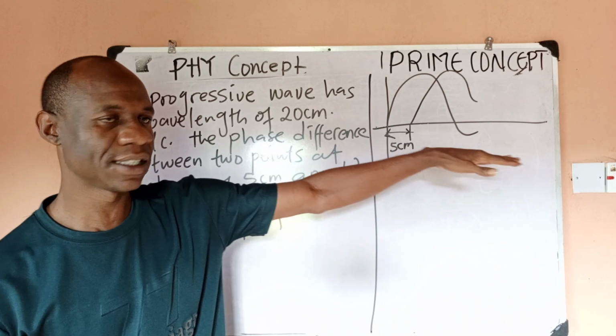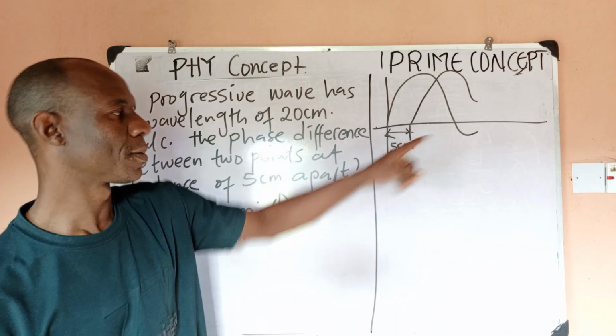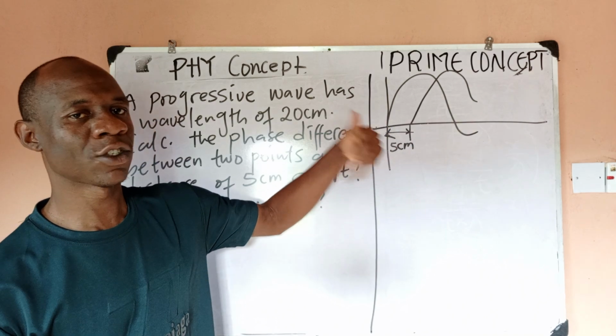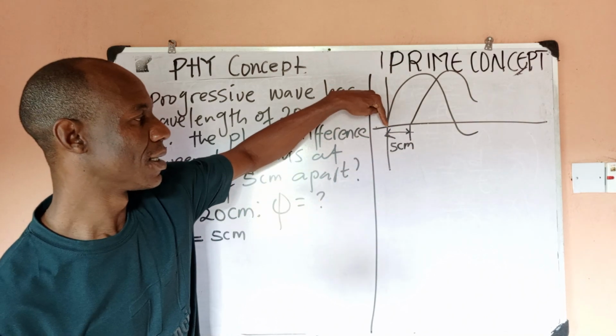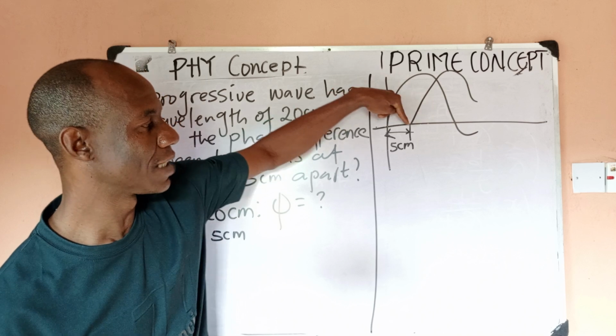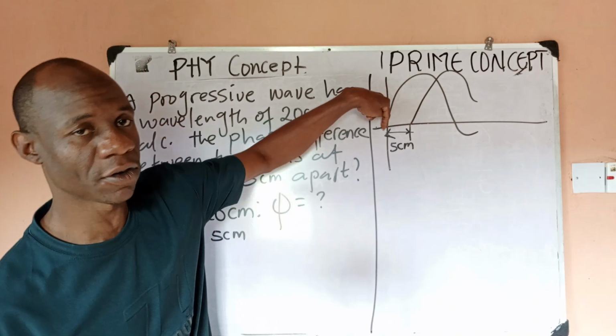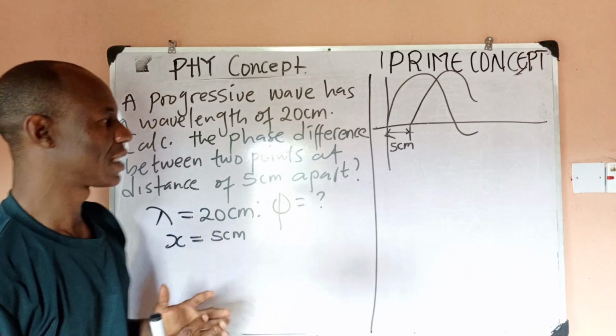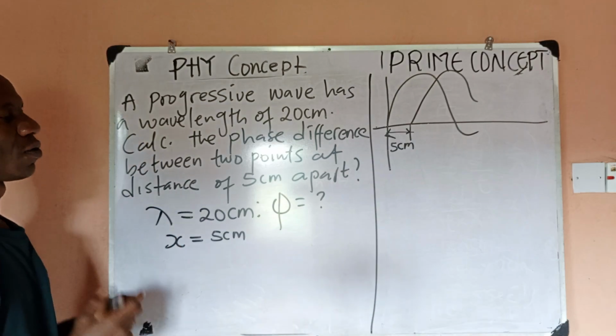Yes, which of course it is measured along the x-axis. Then if we want to convert this linear displacement to angular displacement, the angular displacement between these two waveforms is what we know as phase difference or phase angle. So that is what we want to find.